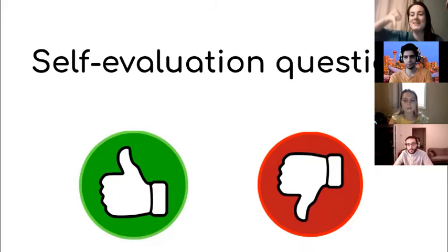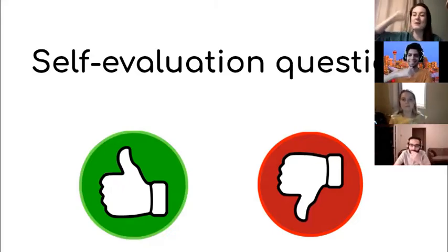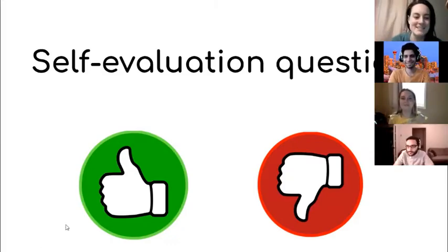Show of thumbs: not at all, very much like completely competent, in between, or wherever you'd like. On the count of 3, please show me. 1, 2, 3. Okay, so there are some differences.